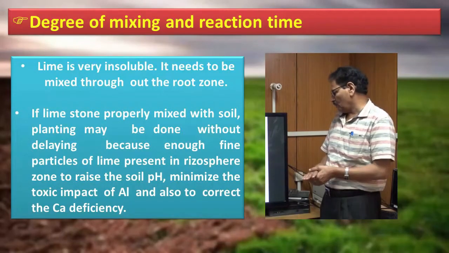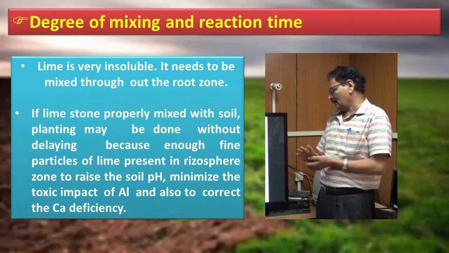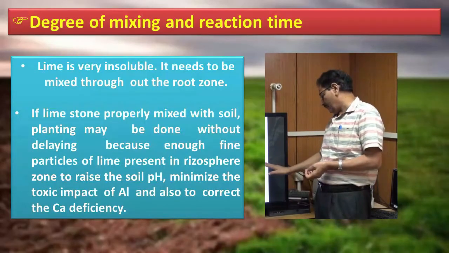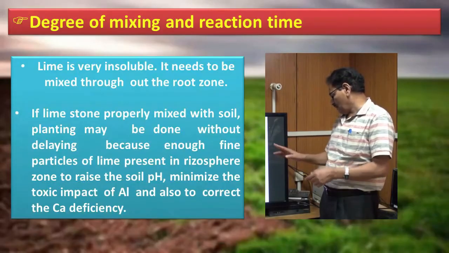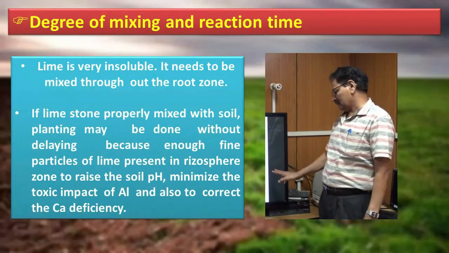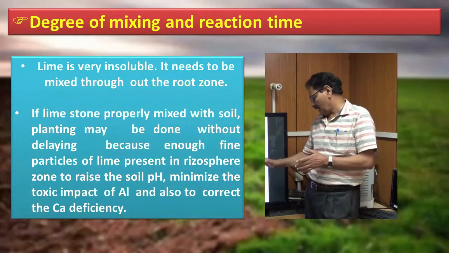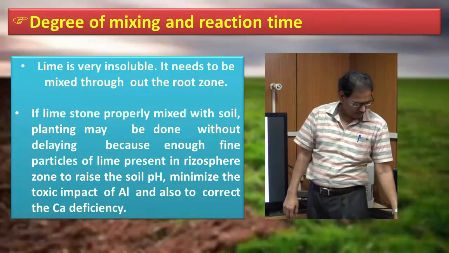If limestone is properly mixed with the soil, planting may be done without delay, because enough fine particles of lime are present in the rhizosphere zone to raise the soil pH, minimize the toxicity impact of ammonium and H ion, and also correct the calcium deficiency.